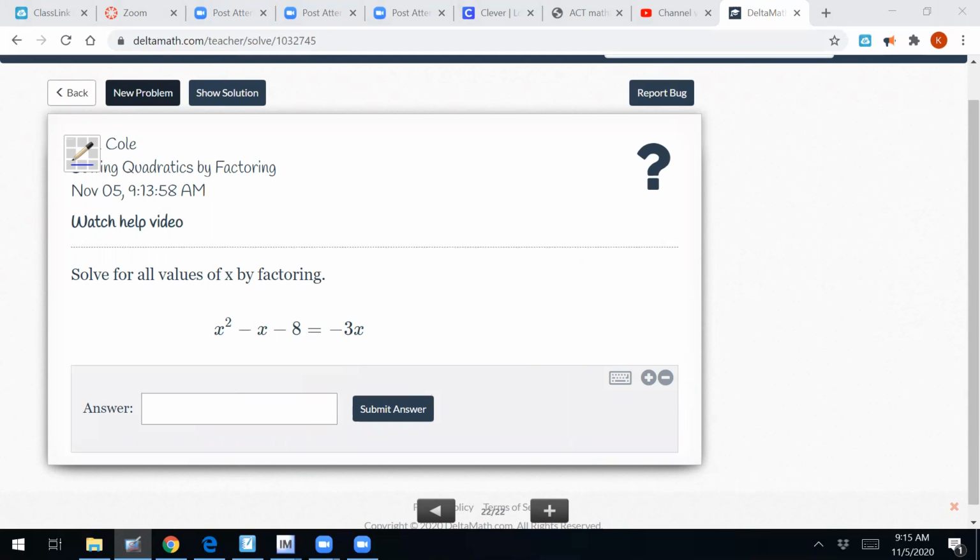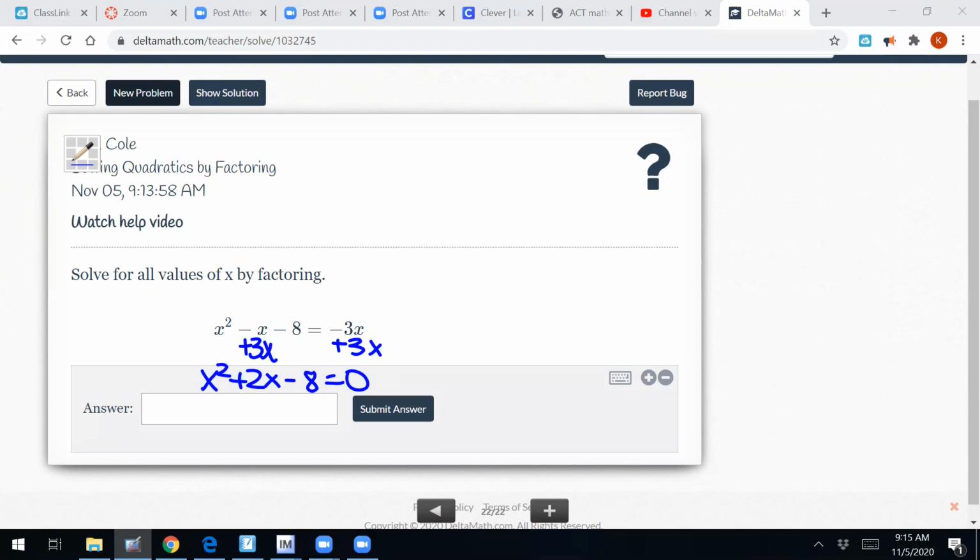All right, what's the first step? Good, add 3x, and you want to add it to its like term, which is the negative x. So that gives me x squared stays the same, that's positive 2x minus 8 equals 0.